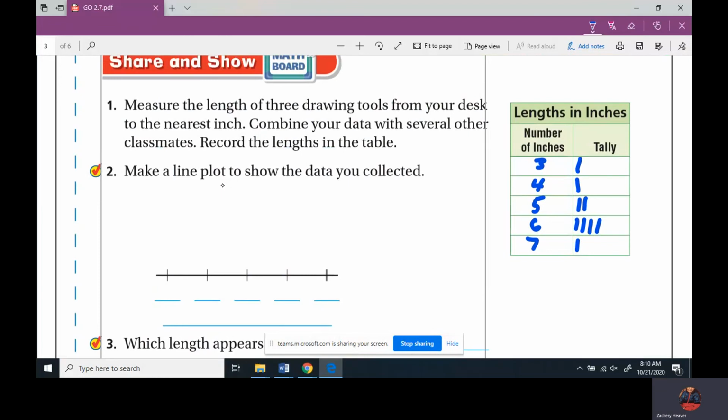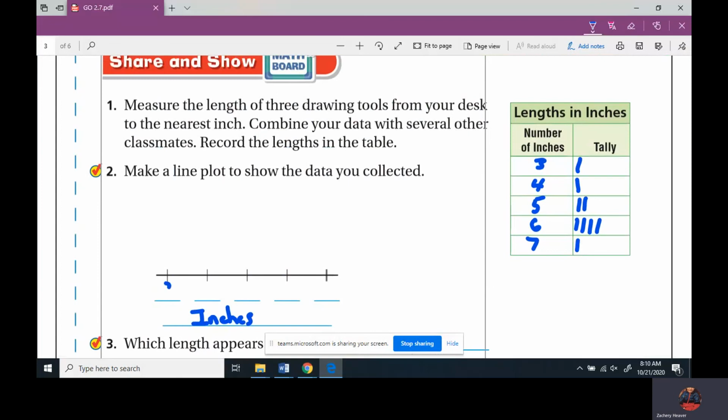I don't keep much on my desk. The most that I found were 5 and 6, which were the pencils, but I'm not going to use all of them because there's hundreds. So we have 4 for 6, 2 for 5, 1 for 4, 1 for 3, 1 for 7. Down here would be inches, because that's what we're measuring, length in inches.